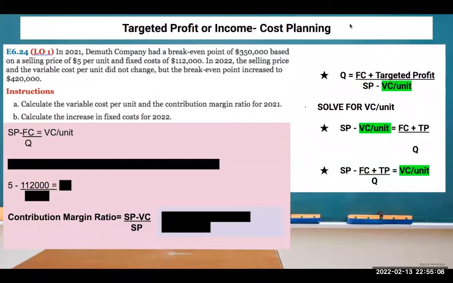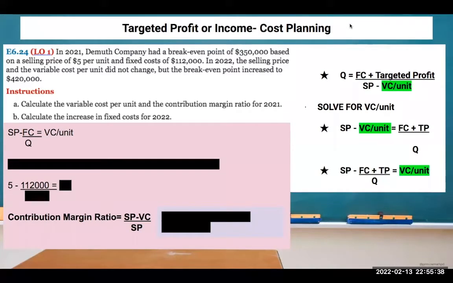So I'm going to demonstrate for you exactly what I was just talking about, an example of how we can use this formula of the break even to find a different variable. Okay, so we're going to be looking at a company called ADMS. The company had a break-even point of $350,000 based on a selling price of $5 per unit and fixed cost of $112,000.